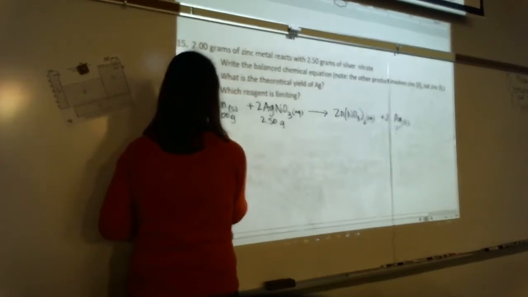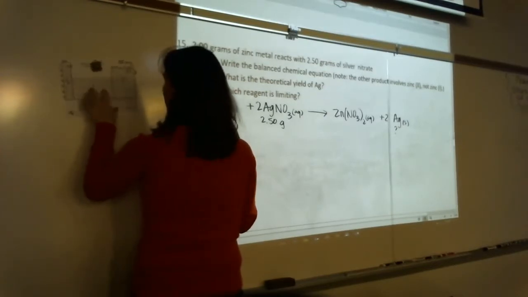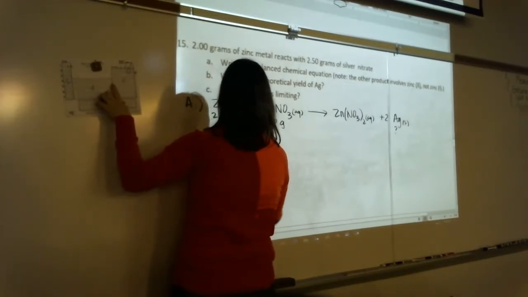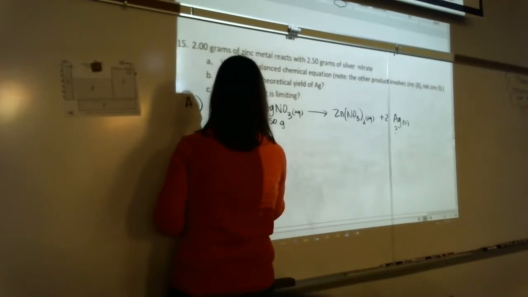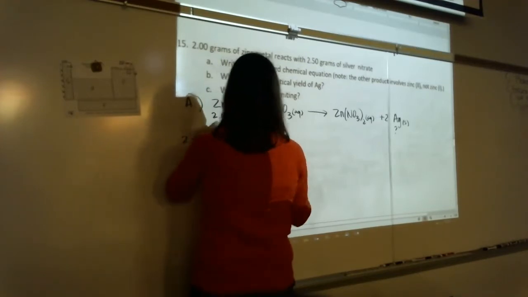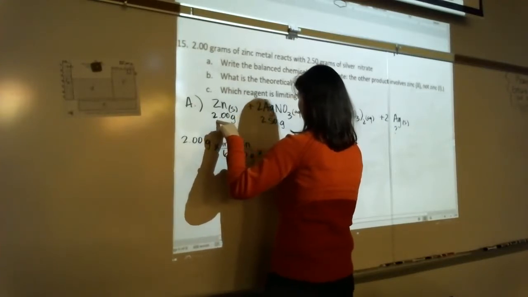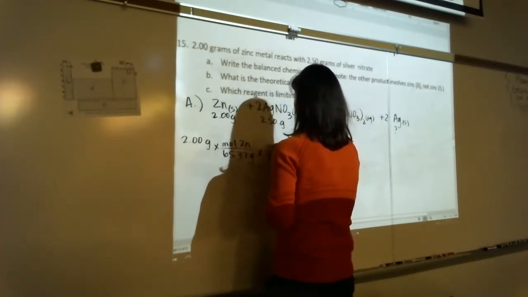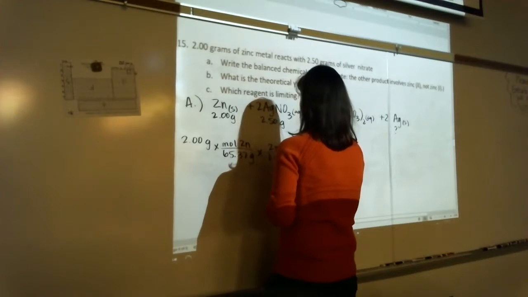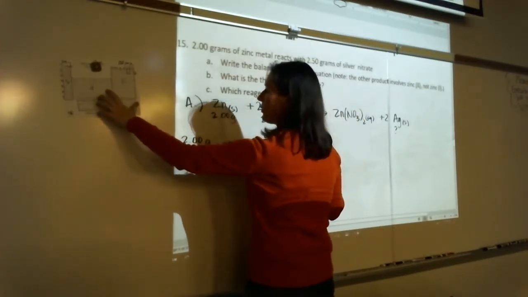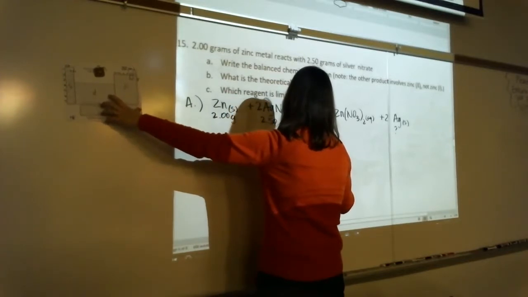2.0 grams times zinc's molar mass is 65.37 grams per mole. Mole ratio is 1 to 2. 1 mole zinc for every 2 moles Ag. Molar mass of silver is 107.87.